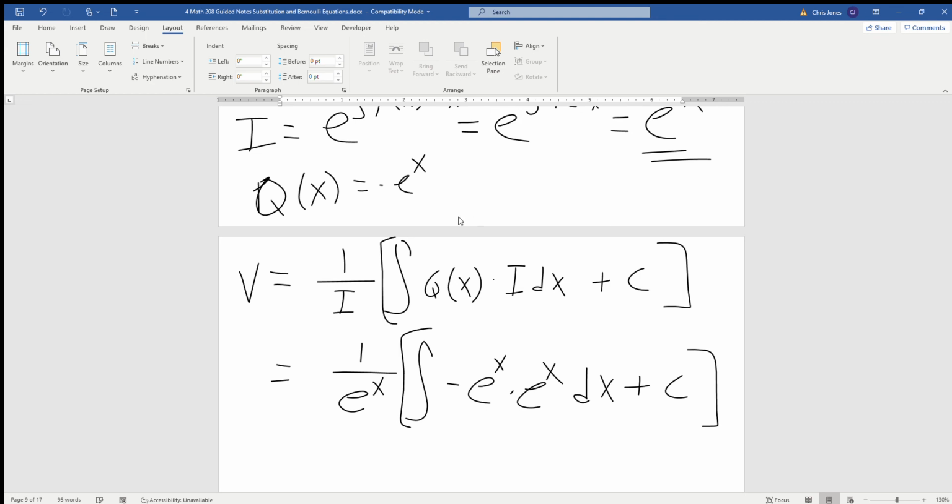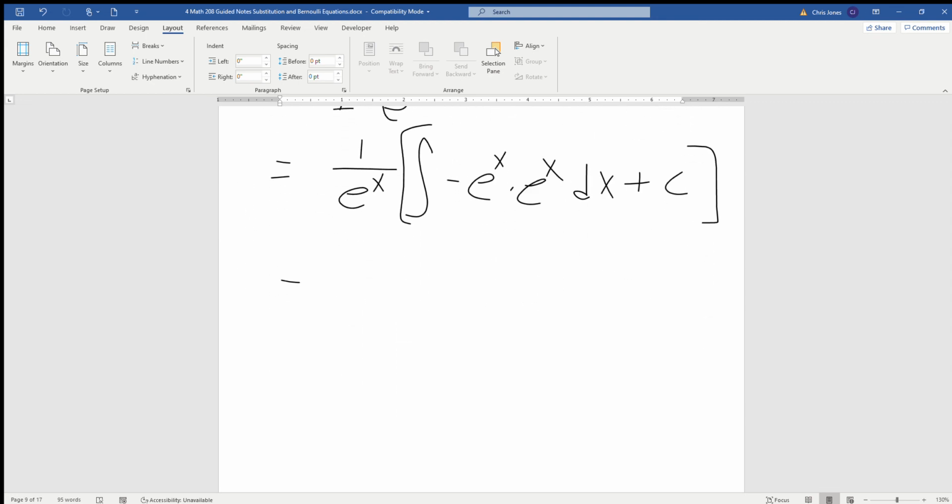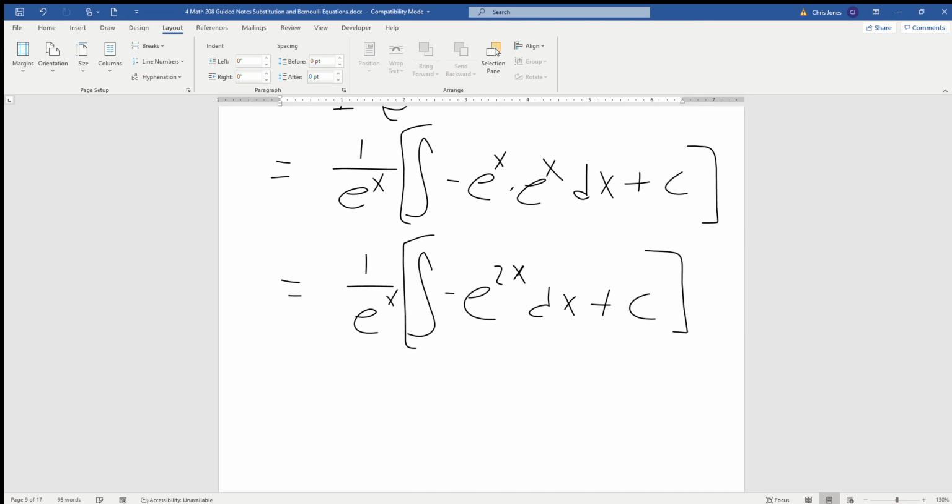And notice this is getting really nice. We can simplify the algebra inside of there. That's going to be the integral of negative e to the 2x, not x squared, but 2x, dx plus c. Remember, it's x squared if you're raising x to a power, but when they're like bases, you just add the exponents.